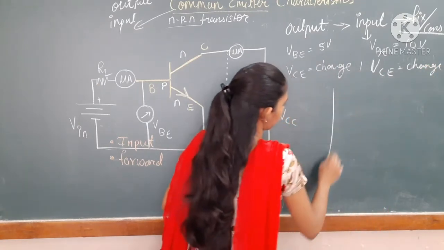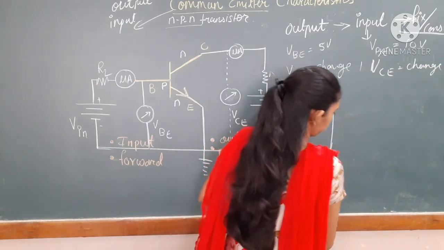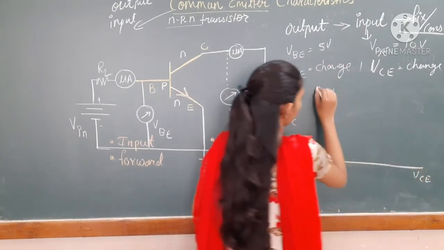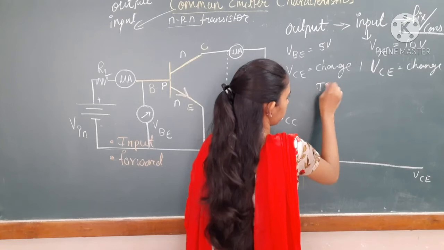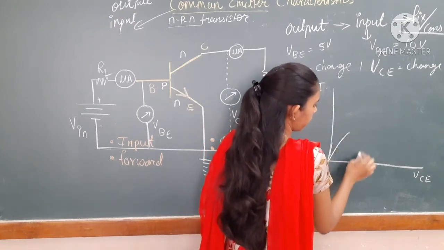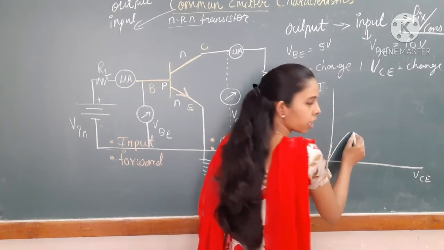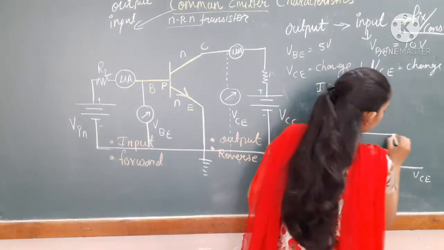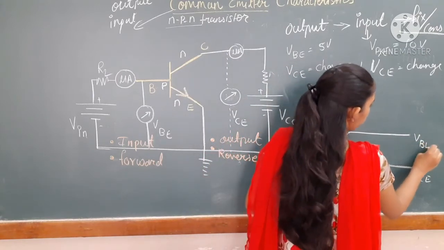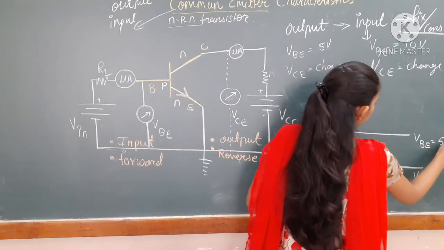Then how can we draw the diagram for these two? The graph for this is VCE and this is the current. So the current increases and with further increase in VCE, it becomes constant. Then this is for VBE equal to 5 volt.